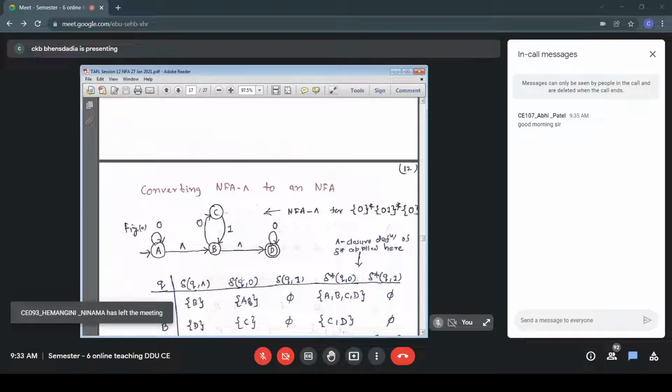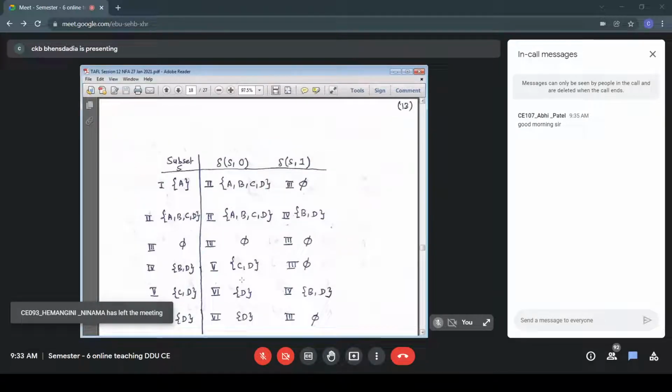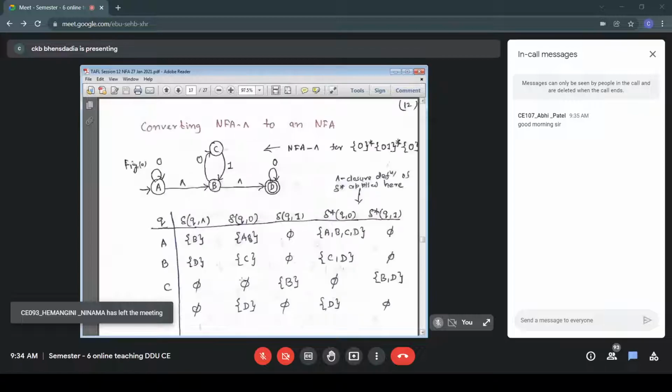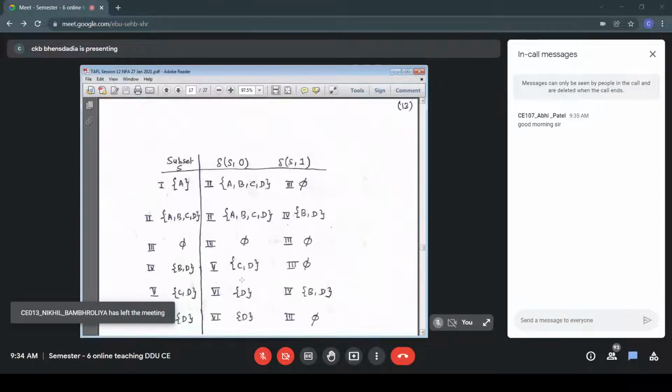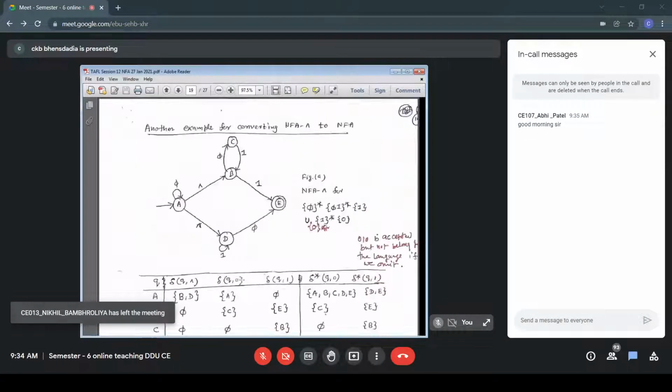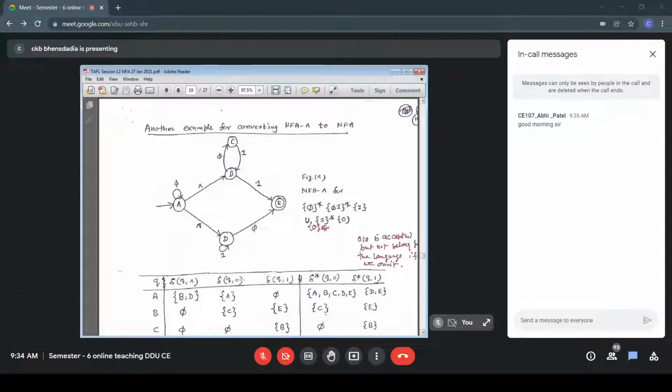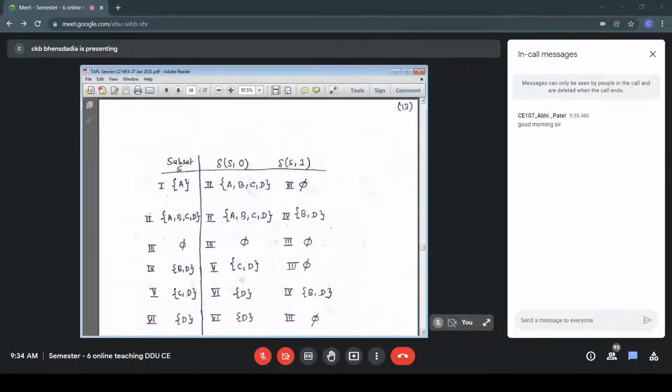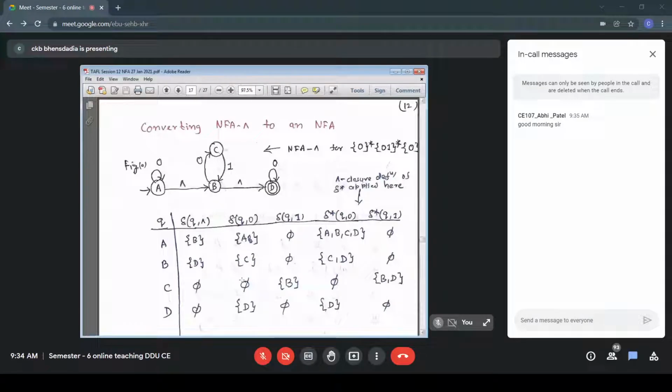The last part is 0 star. That star is not visible. So in the state D, we have a loop on transition 0.